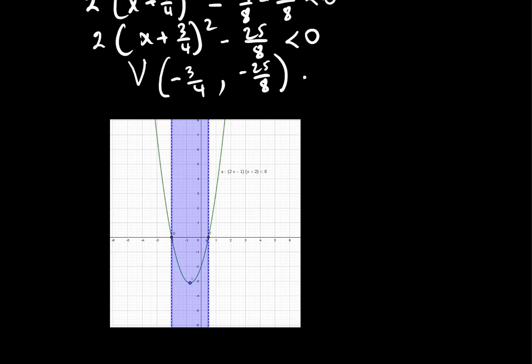Now if we look at the graph here, we can say that the roots are negative 2 and 1/2. This is the 0. Let's see here.